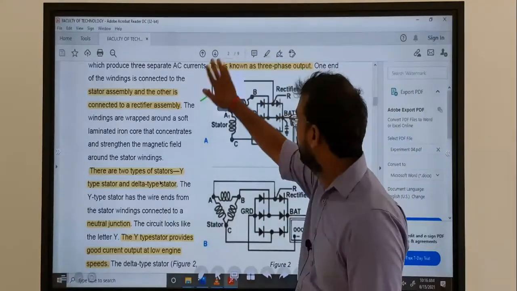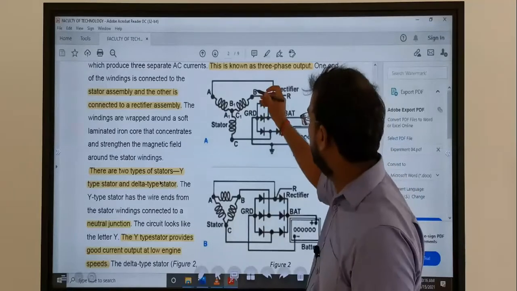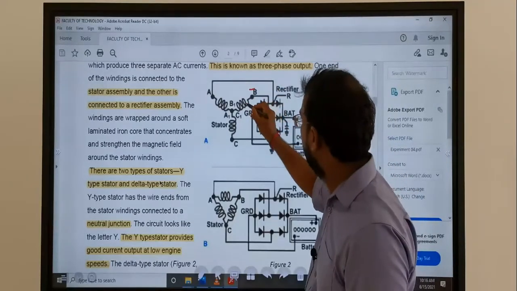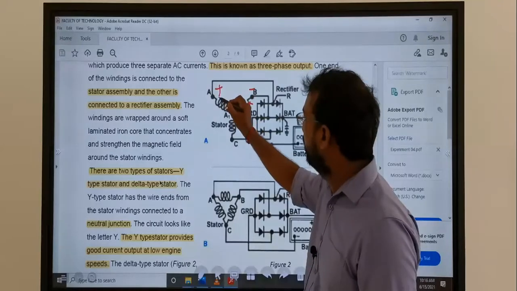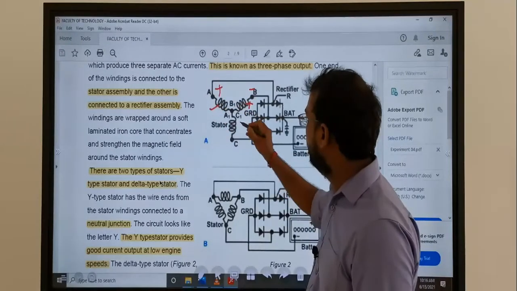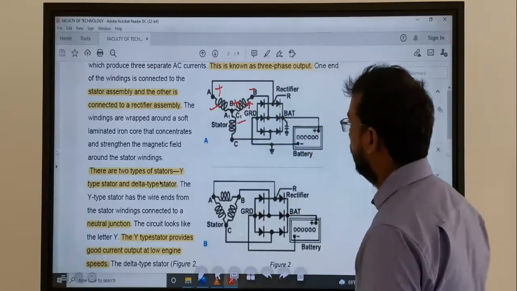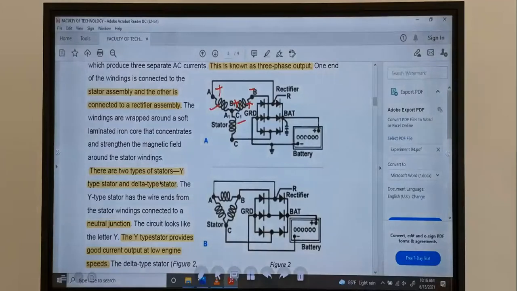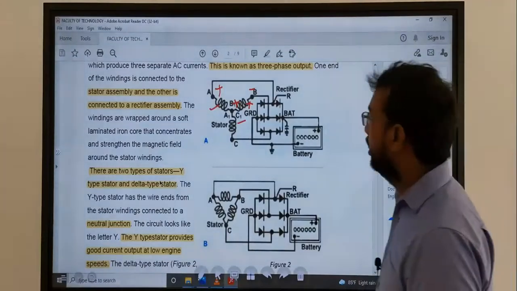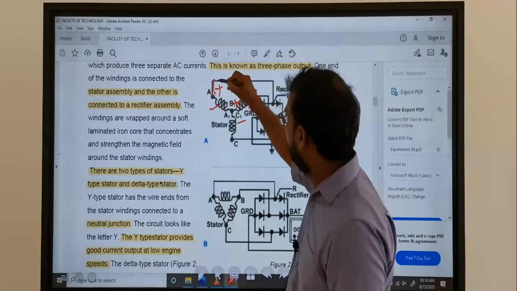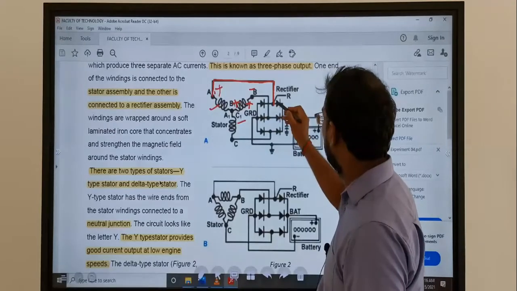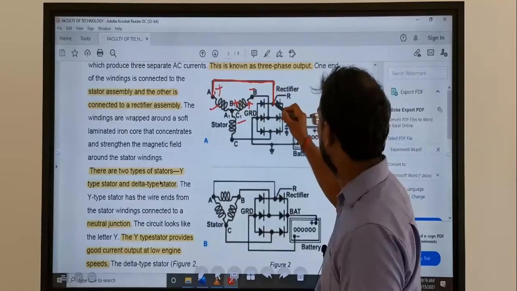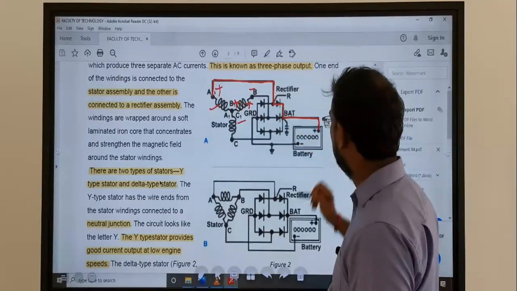Now this is plus, and now it goes to minus because of the AC current. Here it's plus minus, here is minus plus. Now let's see where the current flows. The current flows like this, comes here, for example.